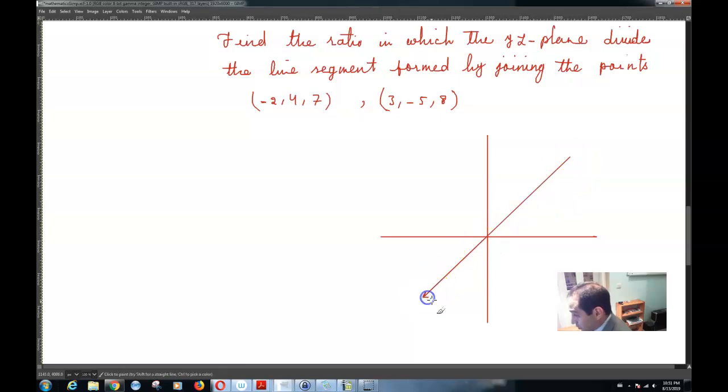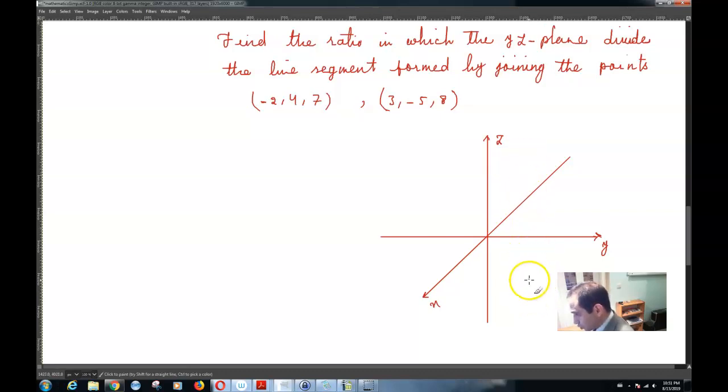This was the x-axis, and this was the y-axis, and this was the z-axis. And there were basically 2 such points. One of them was in the first octant. The other one was in the 5th octant, meaning that one of them was up here in the front, and one of them was down here in the front.